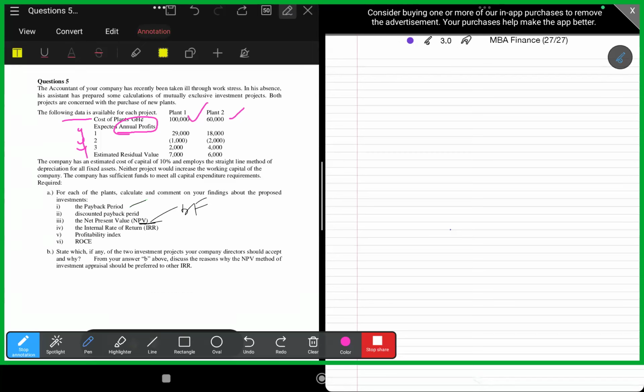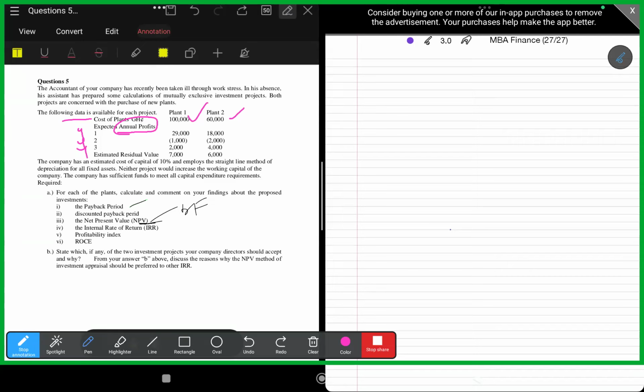And the estimated residual value is what? 2,000, 6,000. Meaning at the end of the 3 years, they will sell the plant for scraps to the tune of 6,000 Ghana cedis, which is plant two. Are you following? Yeah.